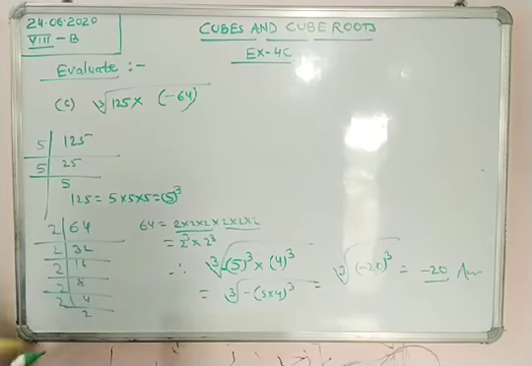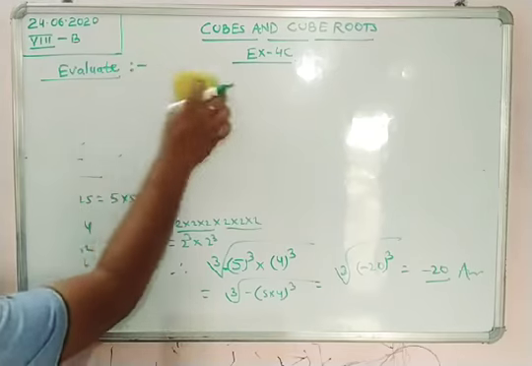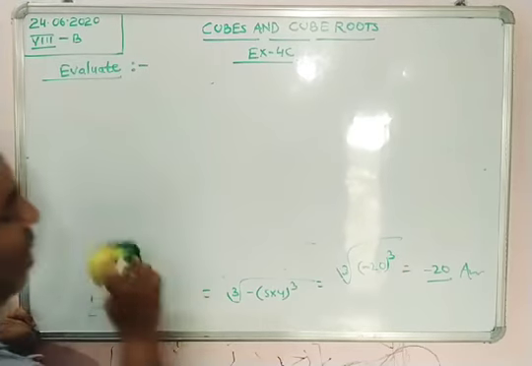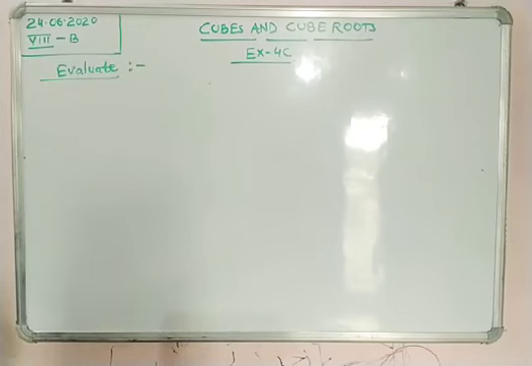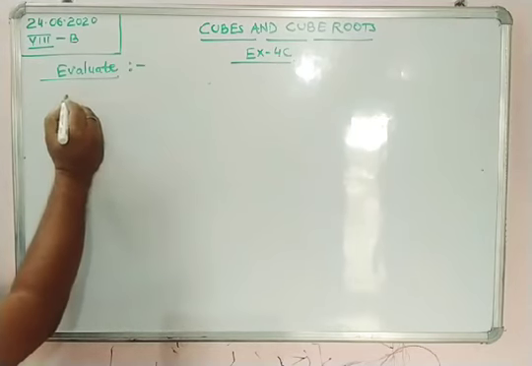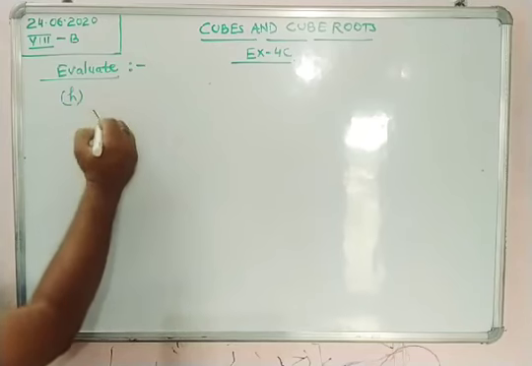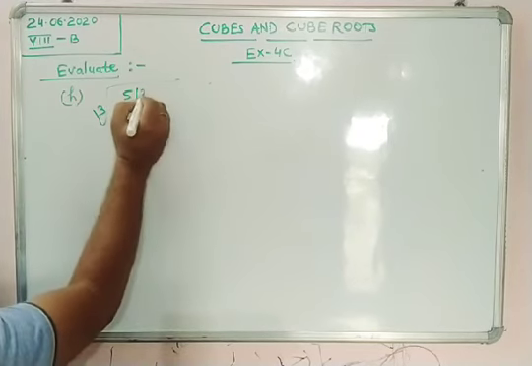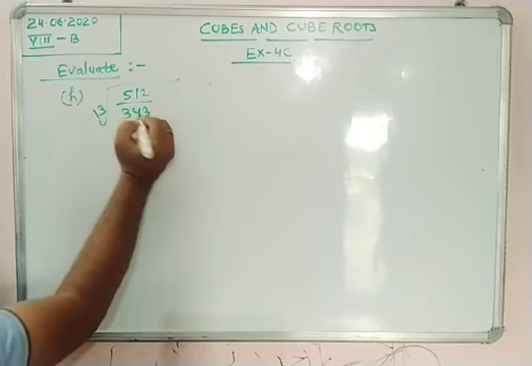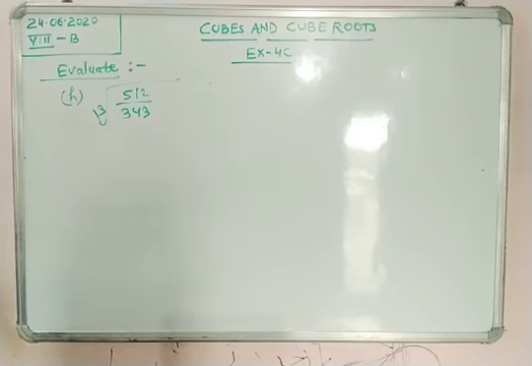Question number H is the last question, and we have to evaluate the cube root again, but this time the question is in the form of division. So H is the cube root of 512 by 343. The same thing will be done. We will get the prime factorization for 512.